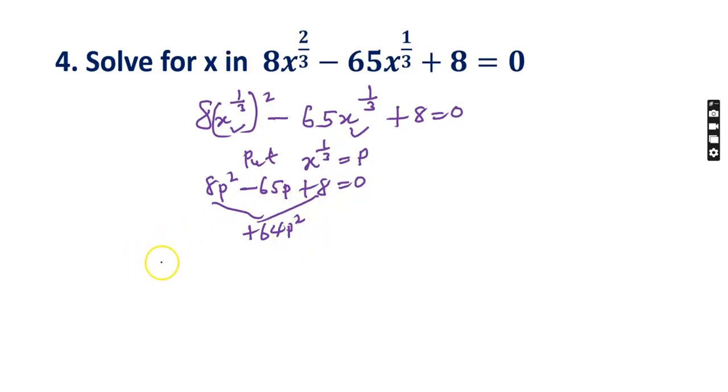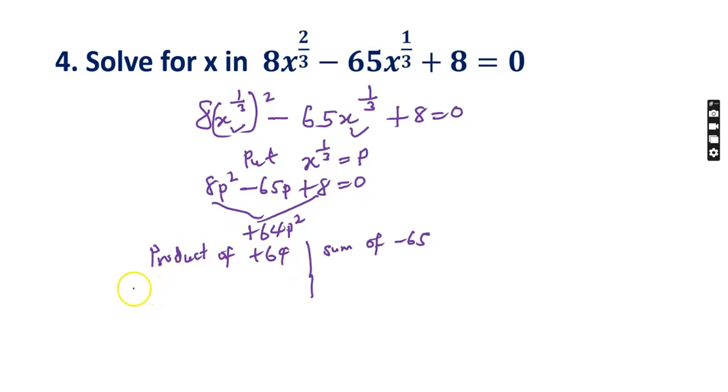So I'll look for a product of plus 64 and a sum of minus 65. I'll think of two numbers that when I multiply them together I get plus 64, and when I add them together I get minus 65.